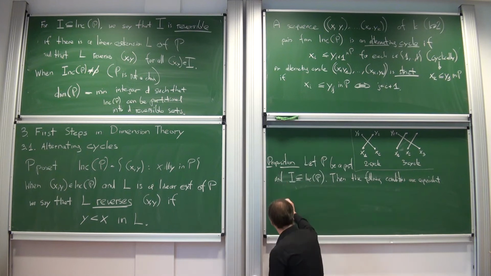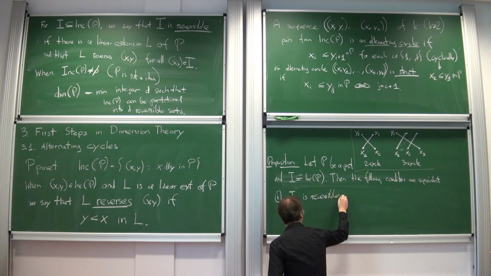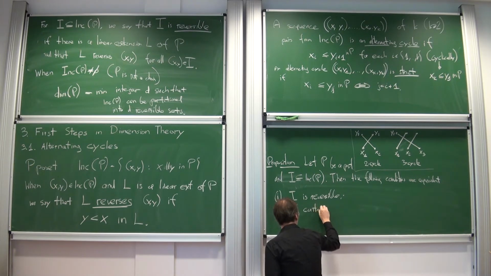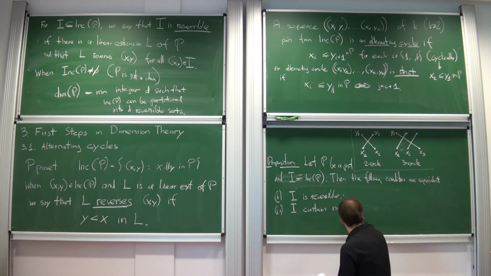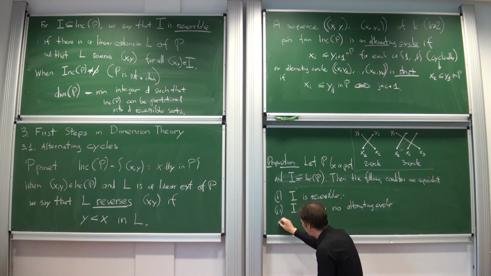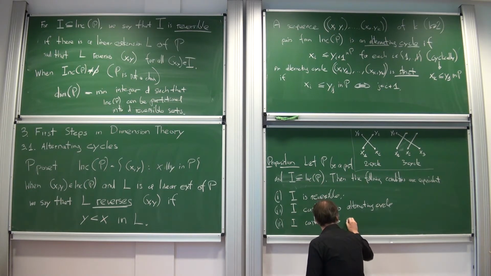So, point 1, I is reversible. Point 2, I contains no alternating cycle. And point 3, I does not contain a strict alternating cycle.